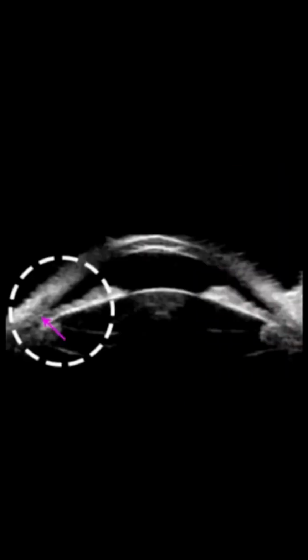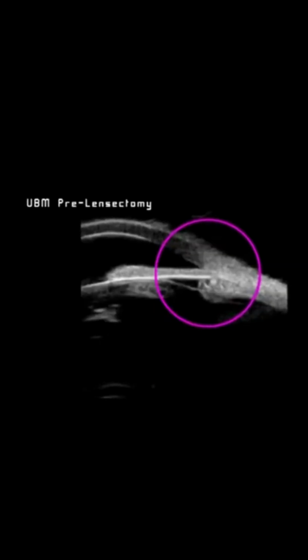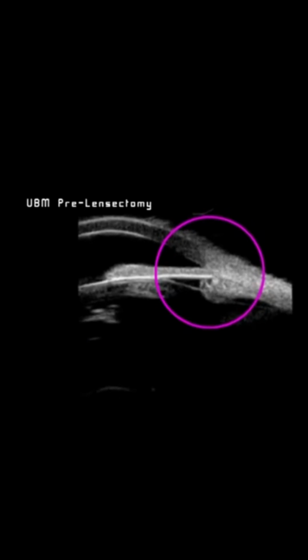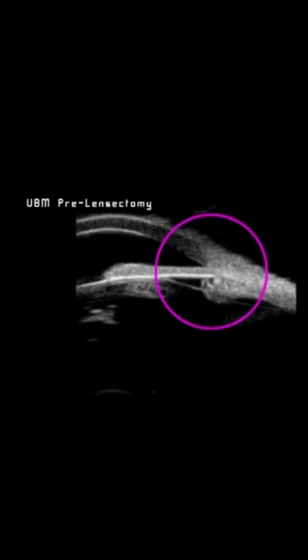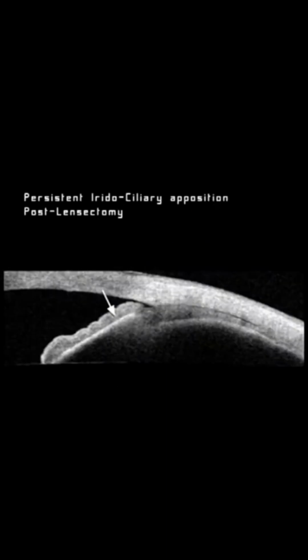Anatomically, Plateau iris is defined as anteriorly positioned ciliary processes that push the peripheral iris forward, resulting in iridotrabecular proximity. Ultrasound biomicroscopic studies performed before and after lensectomy demonstrate that iridociliary apposition seems to persist in Plateau iris syndrome despite cataract extraction.